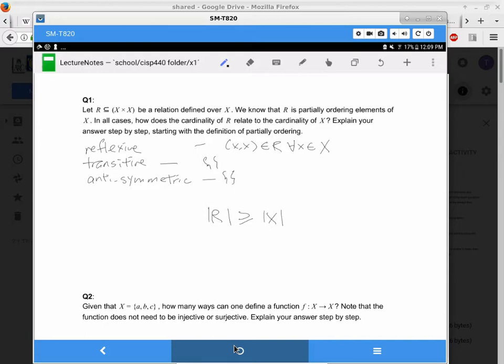You can just say that an empty relation is transitive and antisymmetric. But it needs to be mentioned so that you can convince me that, in addition to all the reflexive elements, there are no additional requirements.